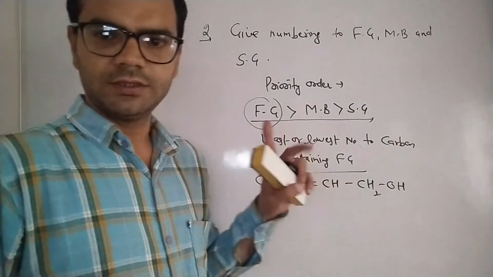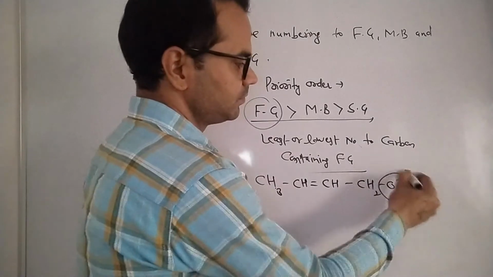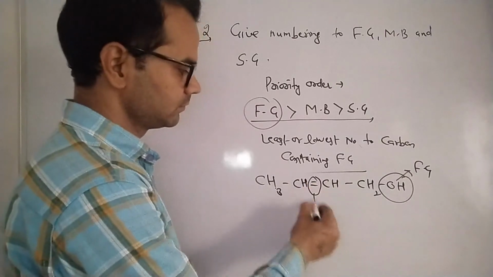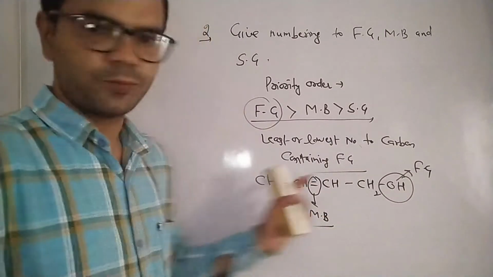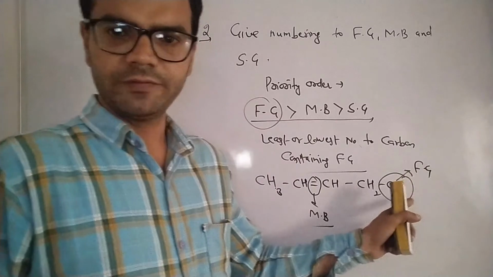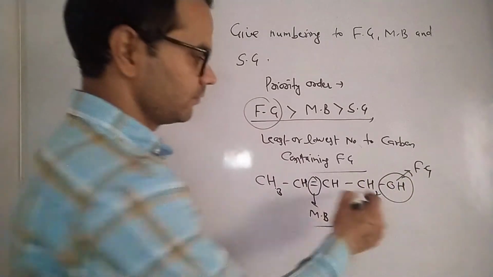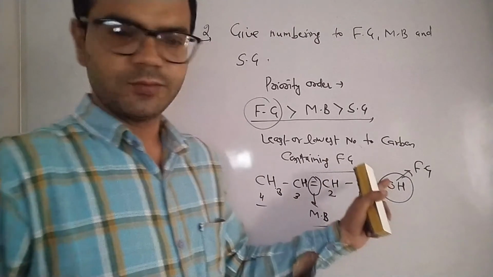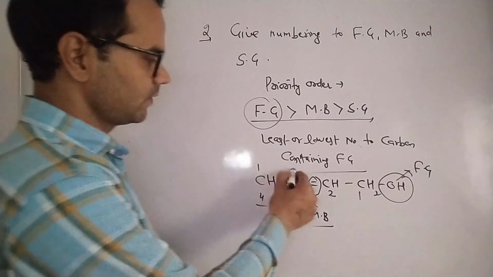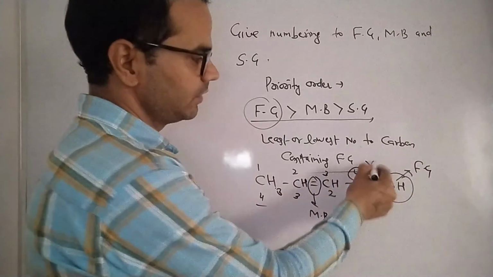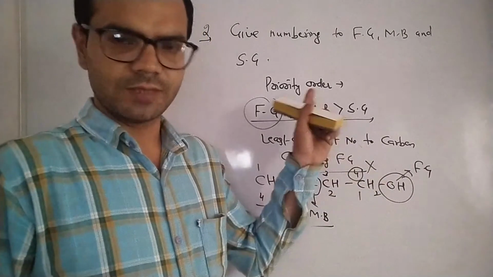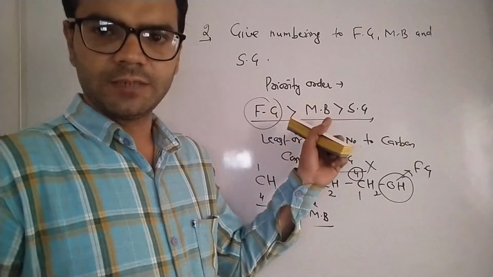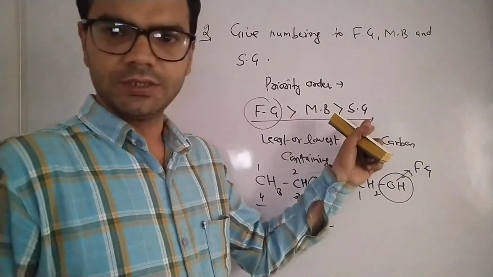In this chain we have a functional group as well as a multiple bond. So priority will be given to the functional group. It will be considered as carbon number 1, 2, 3 and 4. But if we give numbers like this, 1, 2, 3, 4, that will be wrong. The least number must be given to the functional group if present, multiple bond if present, and substituent group if present.